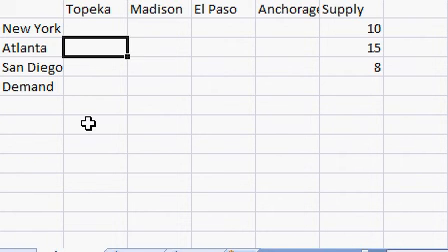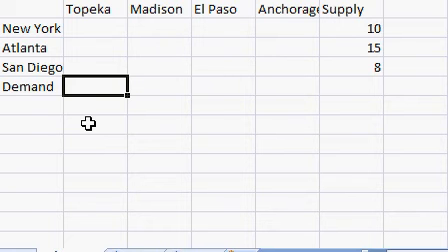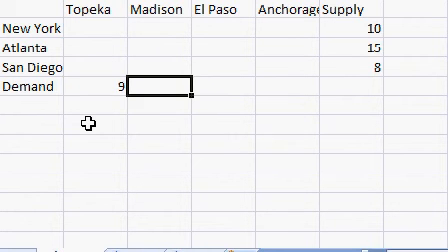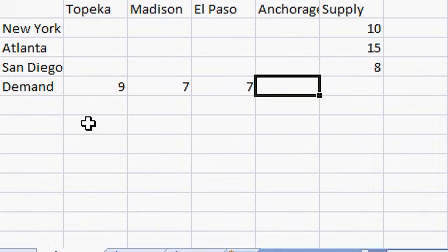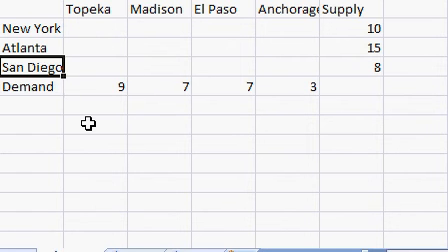And we'll predict that those are 9, 7, 7, and 3. And so we've got now demands from these and supplies from these. These are all constraints.